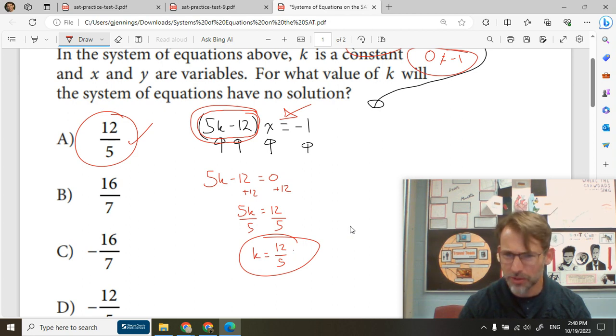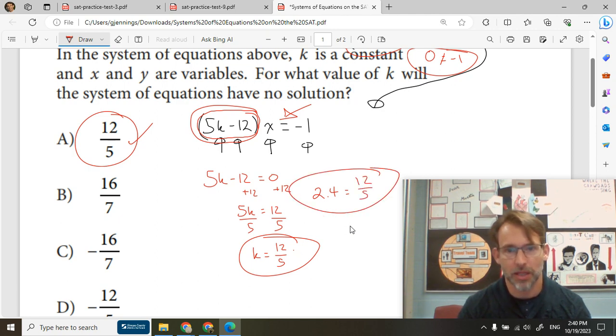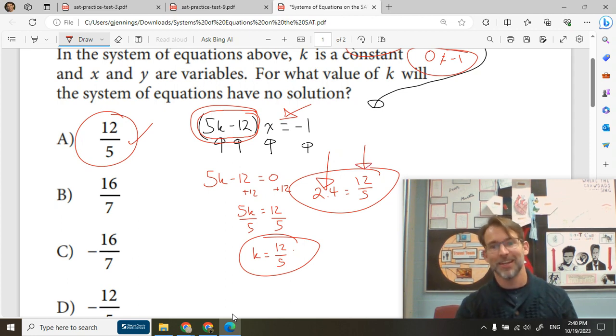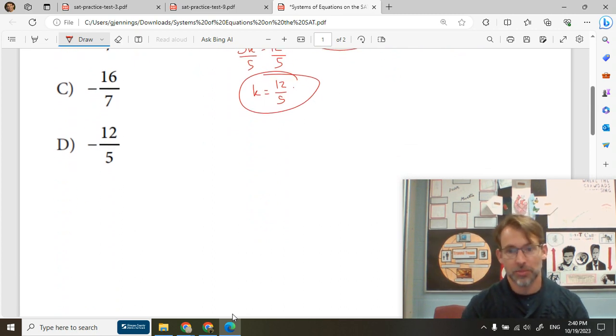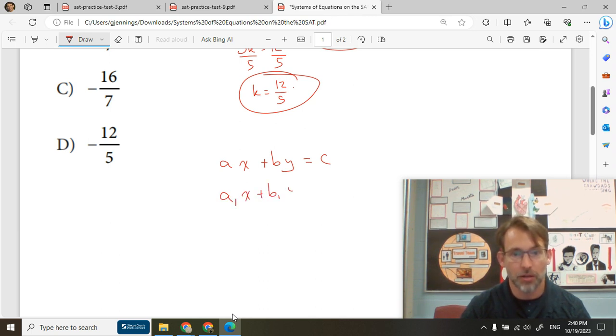Okay? So that's what we'll do. 12 over 5. Well, we found it was 2.4, but in fact 2.4 is the exact same thing as 12 over 5. They are the same. So that's why we found that in Desmos, but we find this algebraically. Okay? Now, why is that true? Okay? So these systems of equations are being set up this way. Some number multiplied by x plus some number multiplied by y equals some other number. And then we have another equation, some other number multiplied by x plus some other number multiplied by y equals yet another number.